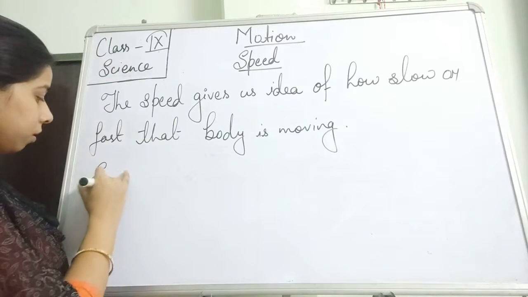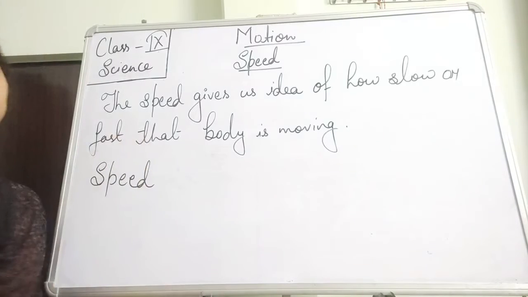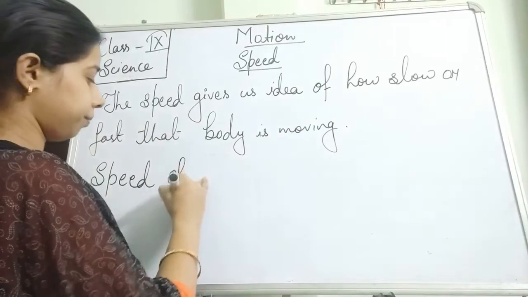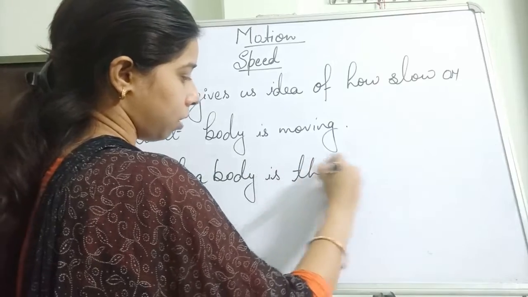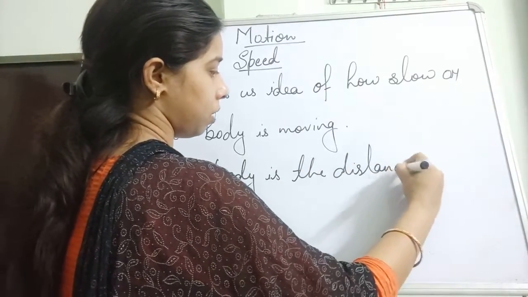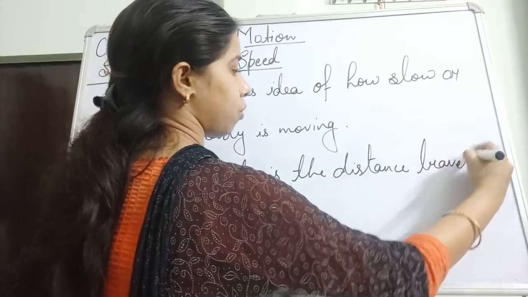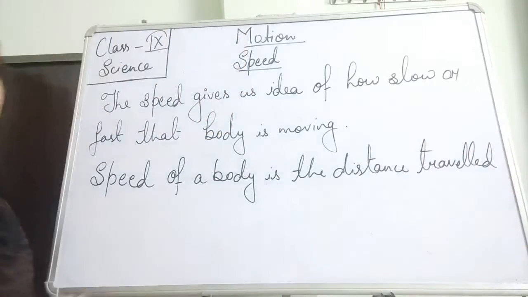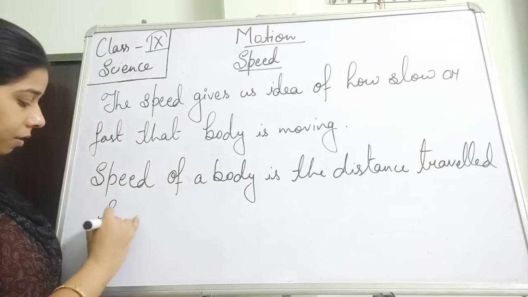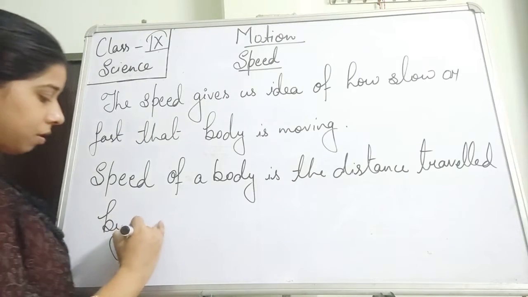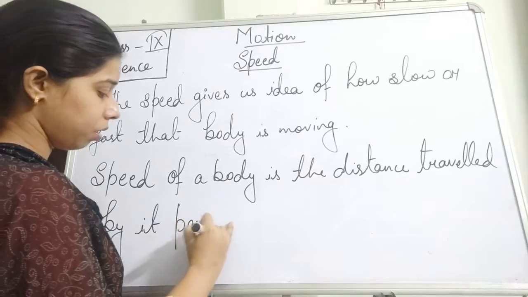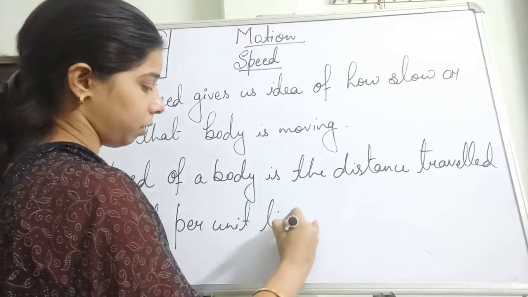Speed of a body is the distance traveled by it per unit time.